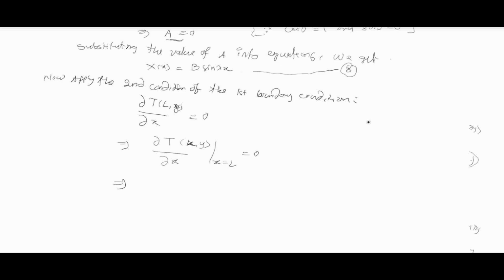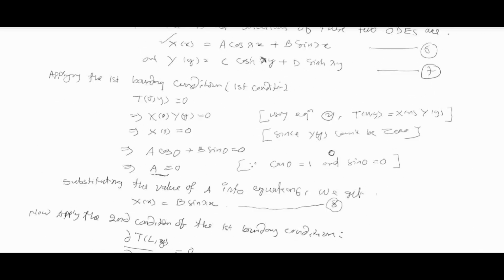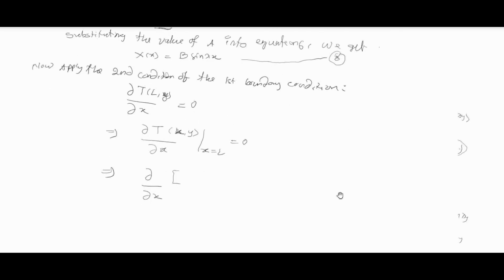That implies what? Partial derivative of X. Now T of x, y is what? We know that X of x is equal to b sin lambda x, and Y of y from equation number 7 is c cos h lambda y plus d sin h lambda y. Let us write as it is.